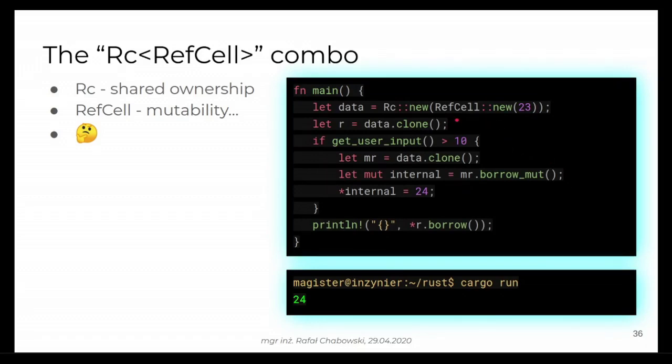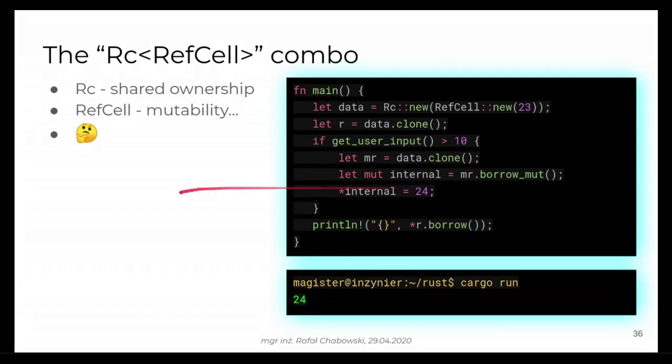So let's go through it. We put the 23 in the RefCell that we put in Rc. We are cloning the Rc. Then inside this if, we are again cloning this Rc, and we ask our RefCell to borrow this value mutably, and we modify it.